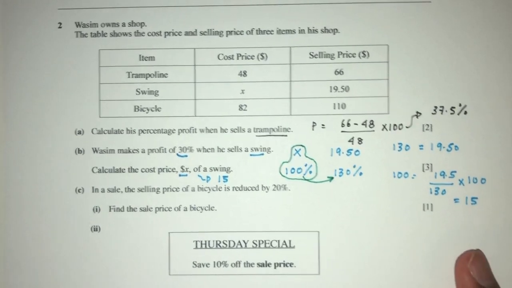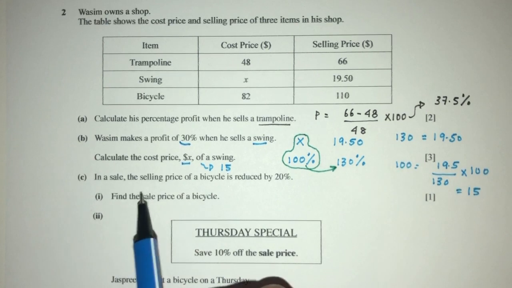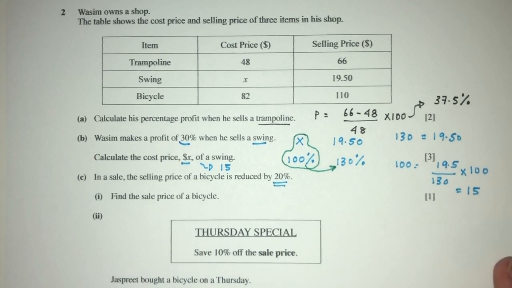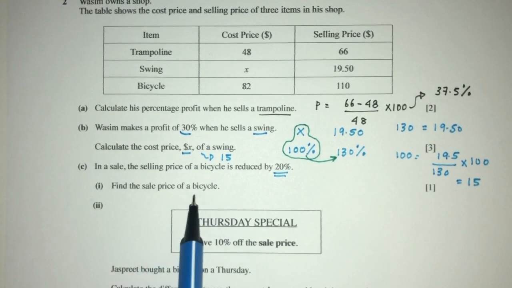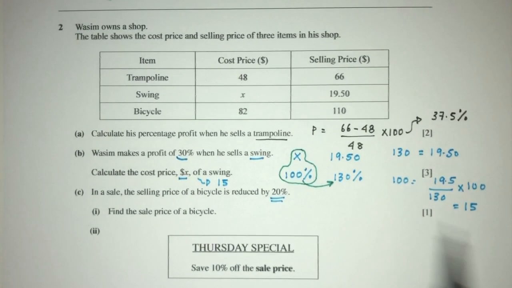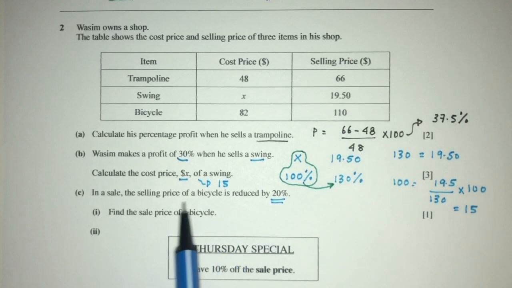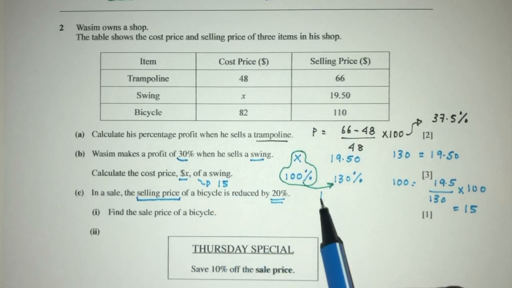Okay, anyways. Now for part C, in a sale, the selling price of a bike is reduced by 20%. We have to find the sale price of the bike. So in a sale, the selling price was 110. It was reduced by 20%.